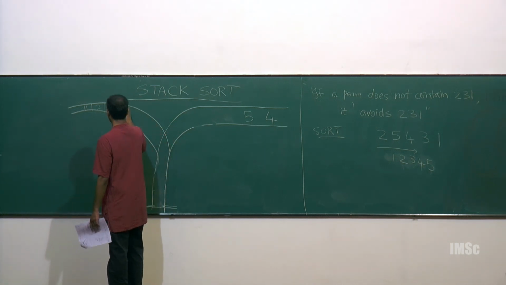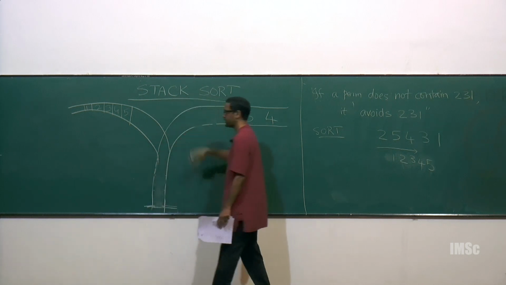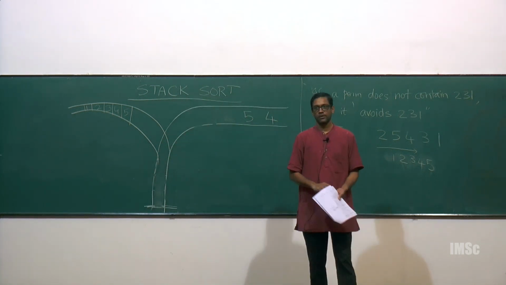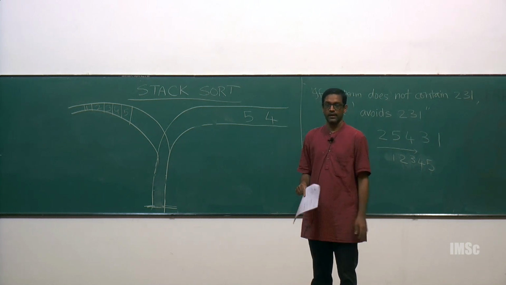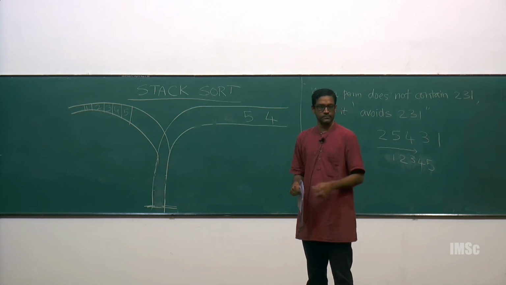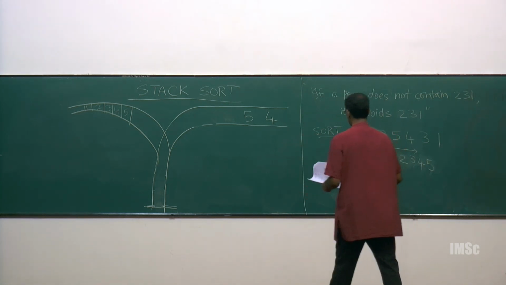Okay, it's fine. So this particular machine is what we'll call a stack. All I have is access to a stack, and I want to try and sort my permutation just using my stack.